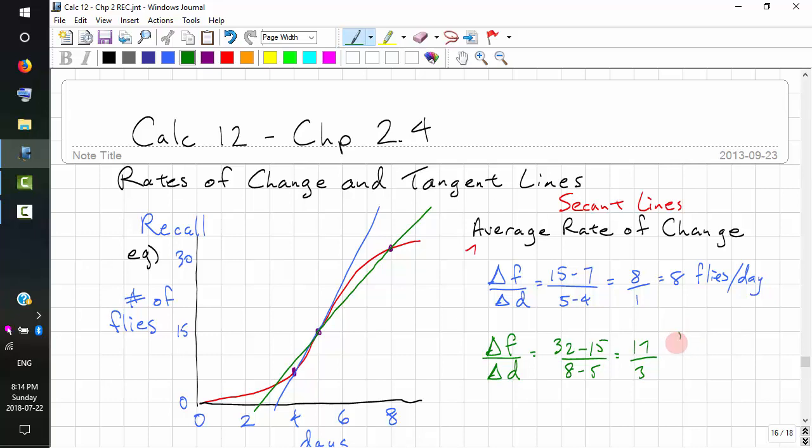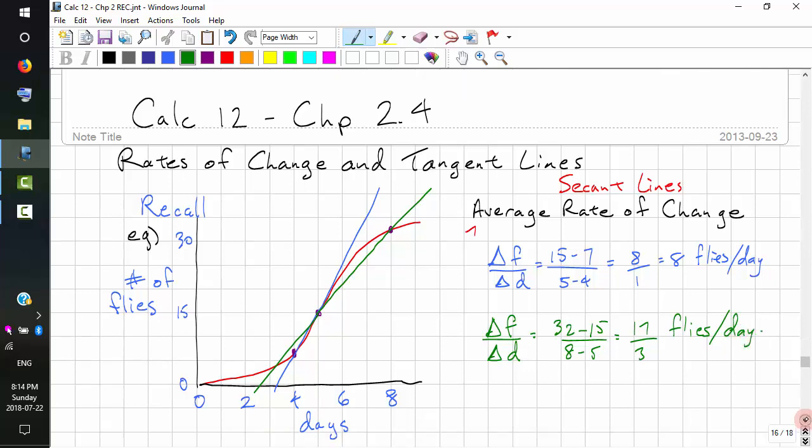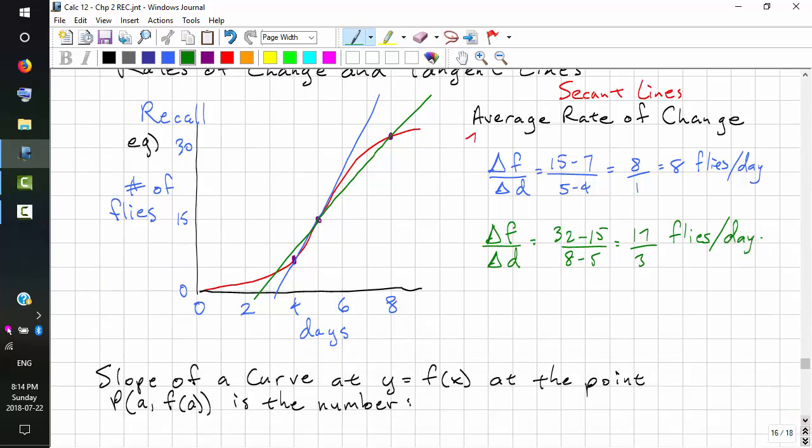So we'll just leave it at that, 17 over 3 flies per day. If you're a real stickler, we can say 5 flies per day because we can't have part of a fly. But normally we'd be dealing with numbers a lot larger than this.